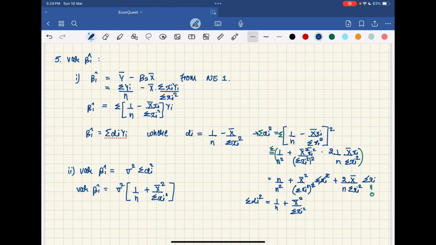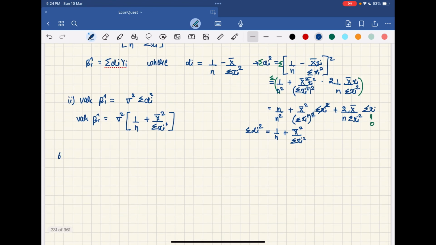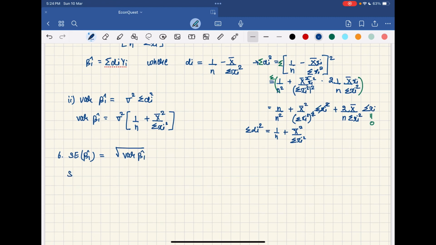Now standard error of beta 1 hat is equal to the square root of variance of beta 1 hat. Standard error of beta 2 hat is equal to the square root of variance of beta 2 hat.